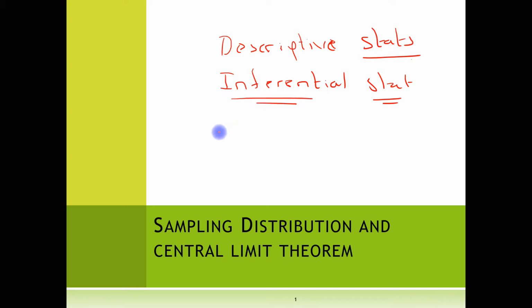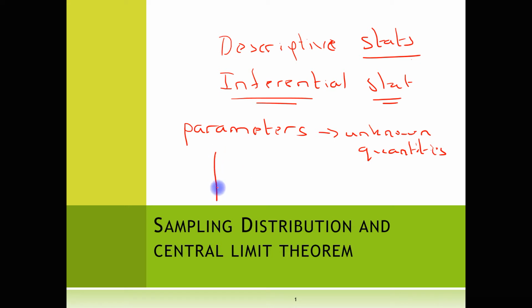In fact, there are parameters that we would want to estimate, and these parameters are what we call unknown quantities. If you want to make it simple, they are unknown quantities. And what are these unknown quantities? Unknown quantities are generally values that you get from a population.